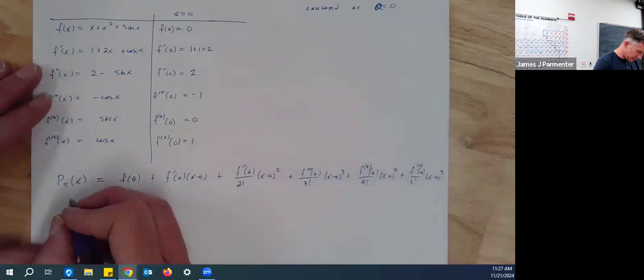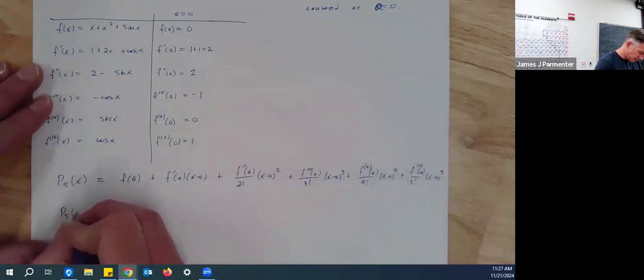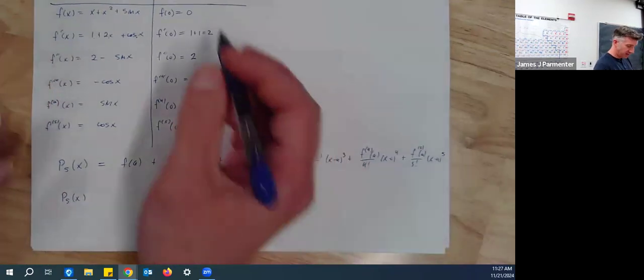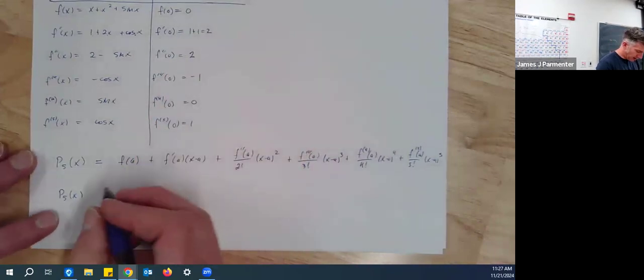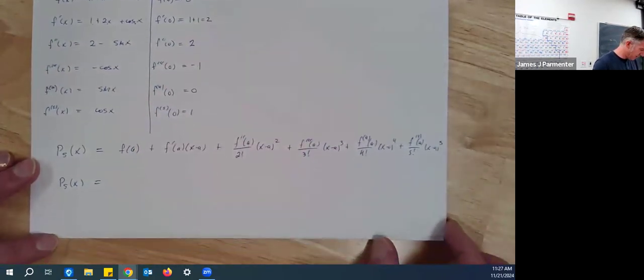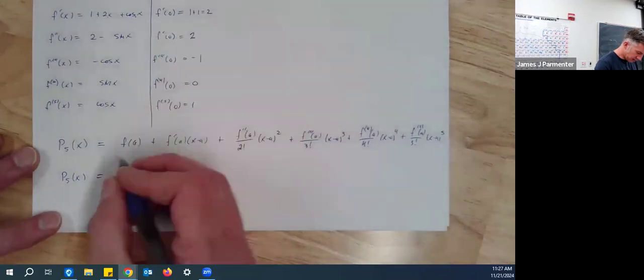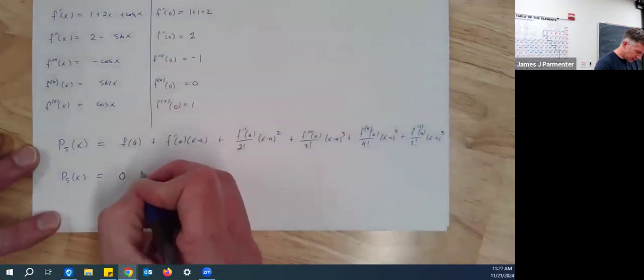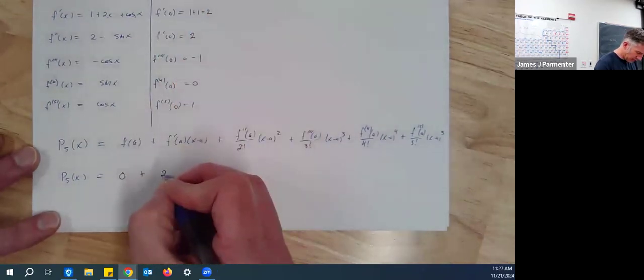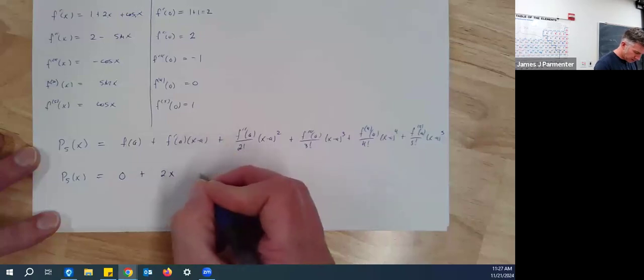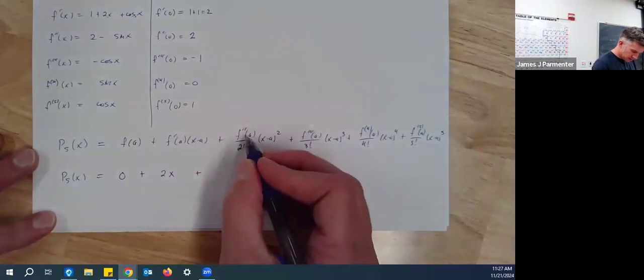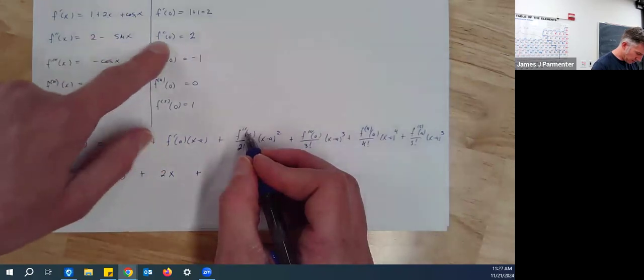In this particular case, we're just going to plug in all the values. That's why we did the work of finding all these values here. I'm going to write it out kind of annoyingly, but then we'll maybe simplify it. So it's going to be 0 plus 2 times x minus 0 plus, those are both 2.